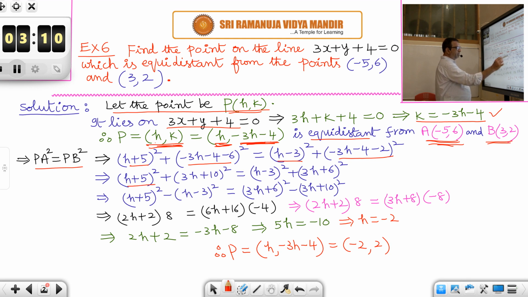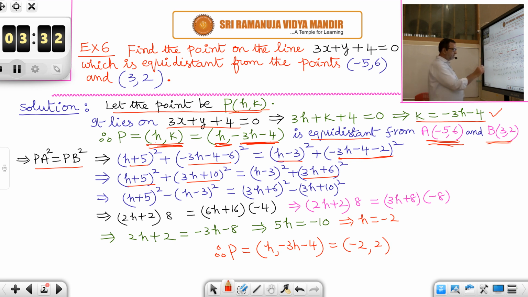This minus 3h minus 10 whole square can be written as 3h plus 10 whole square. Right hand side, h minus 3 whole square, and here this bracket is minus 3h minus 8 whole square. That means minus 3h minus 6 whole square, which can be written as 3h plus 6 whole square.